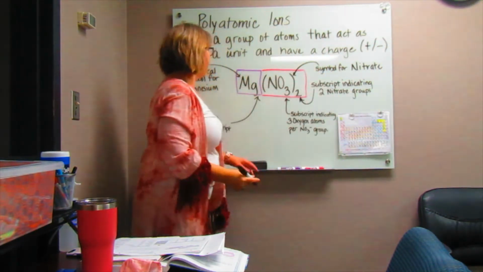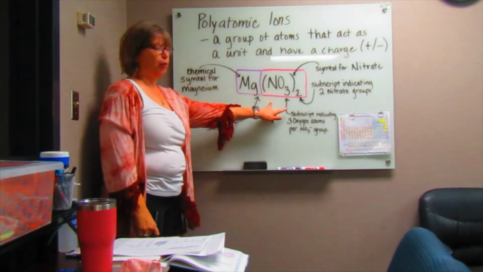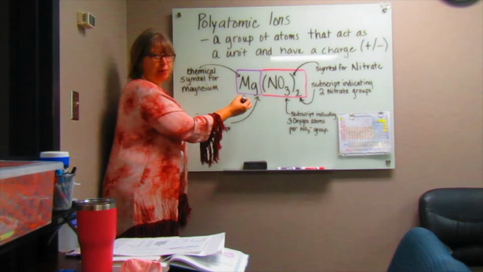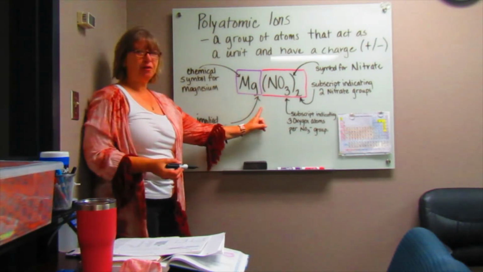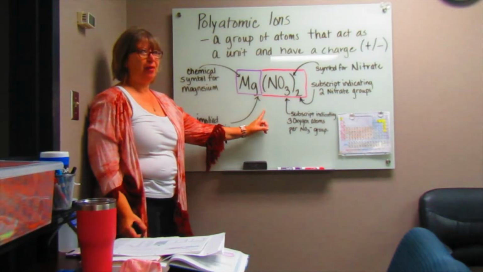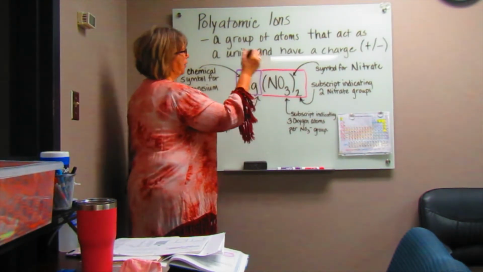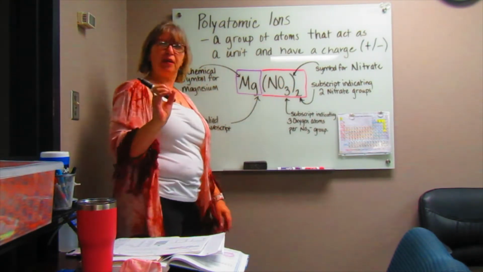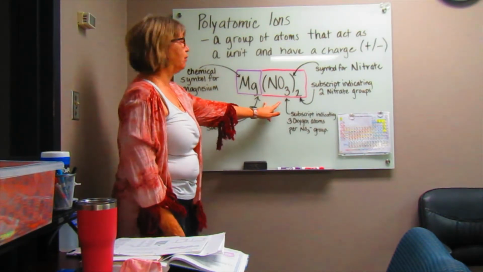right? And so I've put an example of magnesium nitrate on the board for you, and as you can see, it has the chemical symbol Mg for magnesium with an implied subscript. So there's one magnesium atom in this compound. And then we have the chemical symbol for nitrate. This looks a little bit different because we have parentheses outside of this, right?